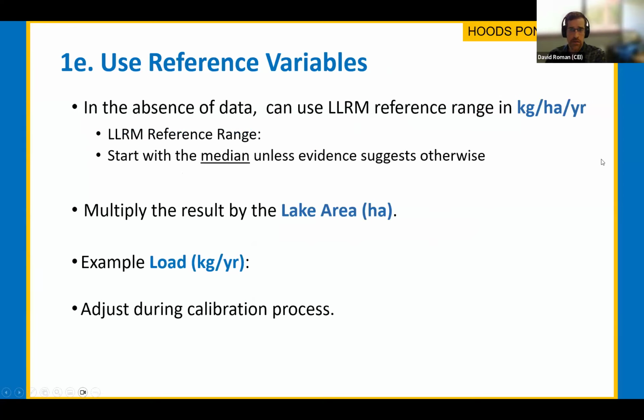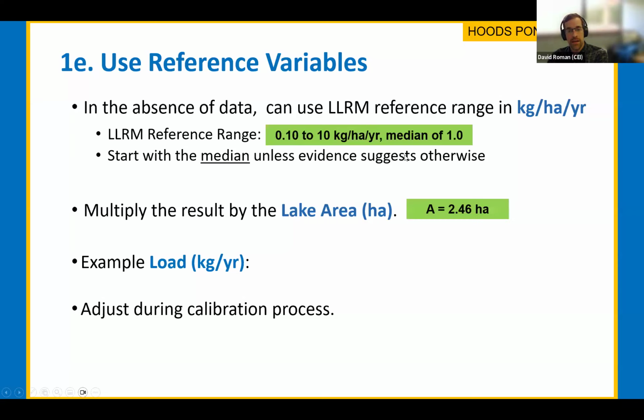In the case of Hood's Pond, we used the LLRM reference range. This is a polymictic lake, relatively shallow. So we basically took this reference range, which is estimated as 0.1 to 10, and simply multiplied that by the lake area to get an estimated load.